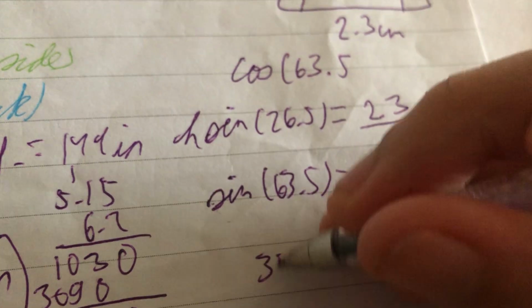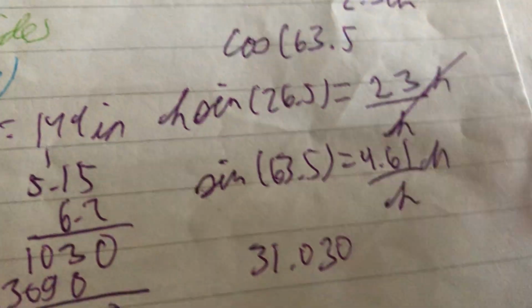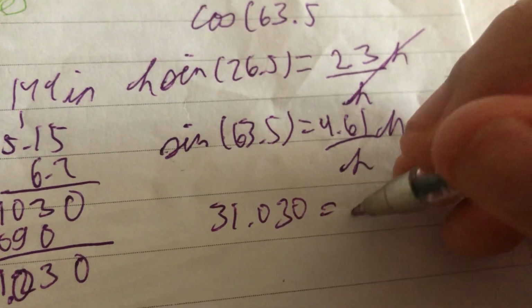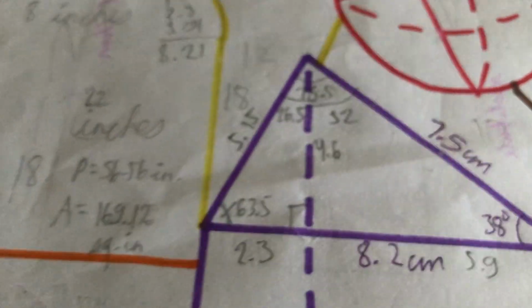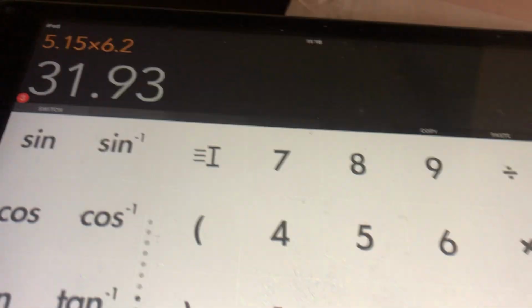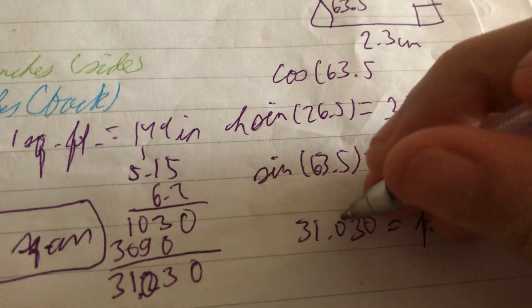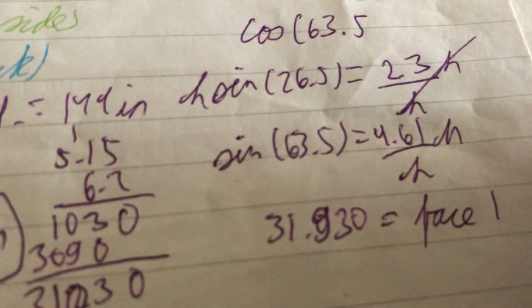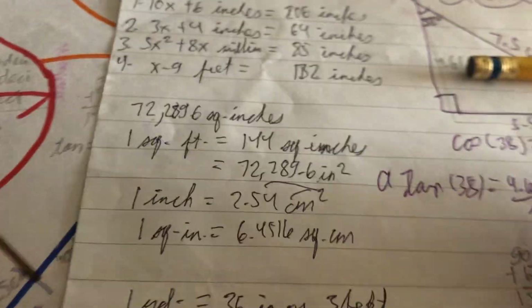Then 2 decimal points. Yes. Okay? We've already worked this one out. Let's check kung tama. Yes. 31.93.